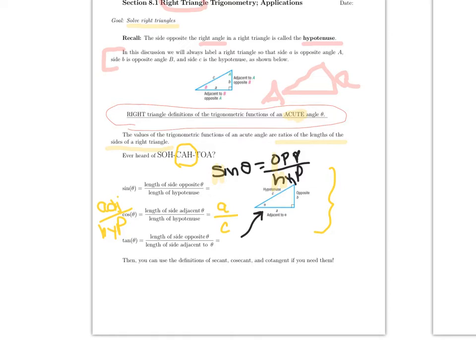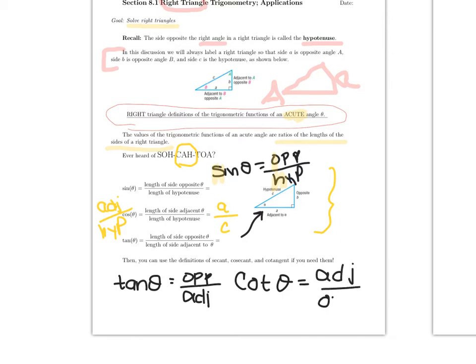So for example, tangent of theta is opposite over adjacent, which means that cotangent of theta is the reciprocal, adjacent over opposite. If you know the three basic trig functions here, sine, cosine, and tangent, then all you have to do is use their reciprocals to define the other three.